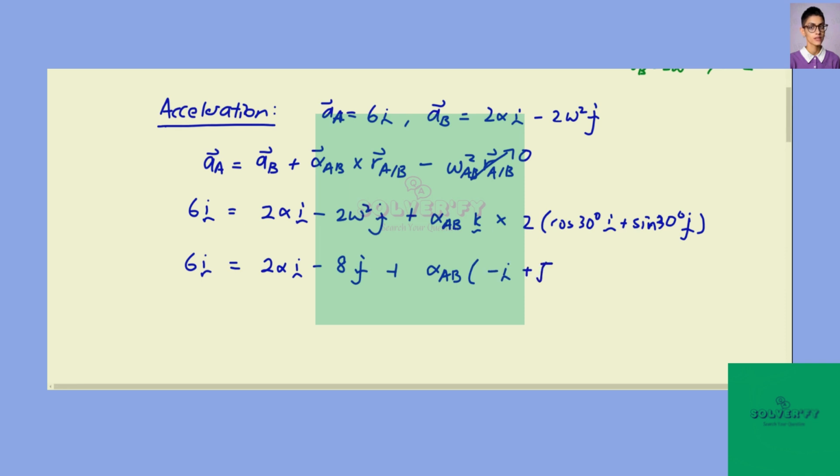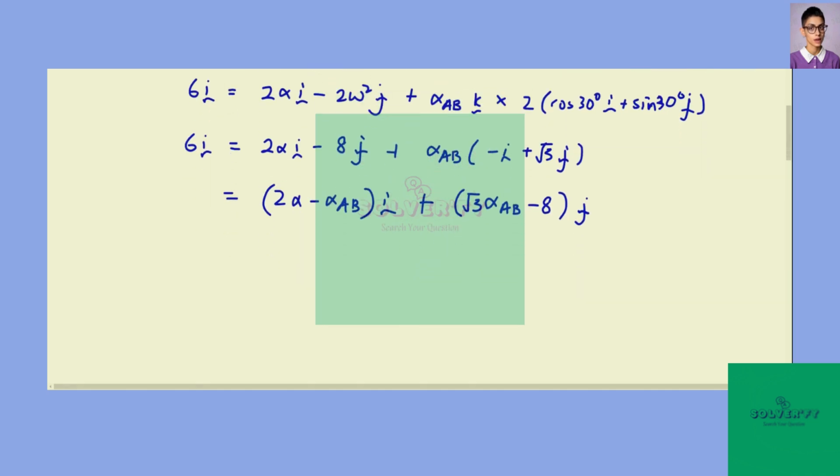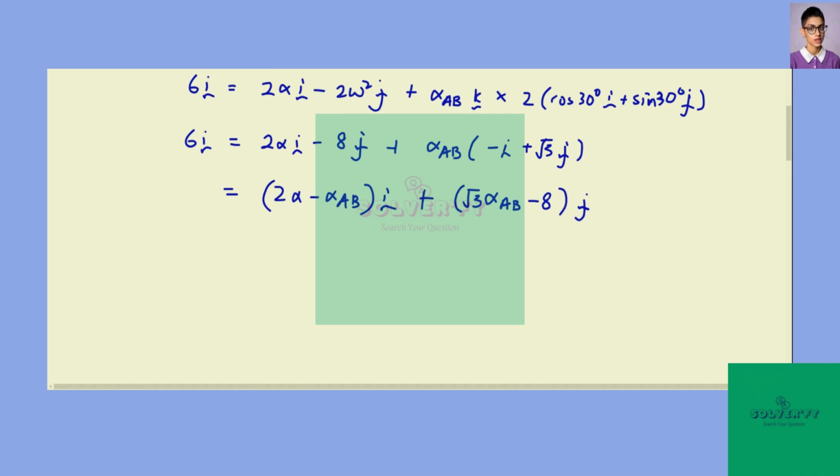Grouping the terms: (2 alpha minus alpha AB) i plus (root 3 alpha AB minus 8) j. Comparing components, for the y component we can get our alpha AB straight away.